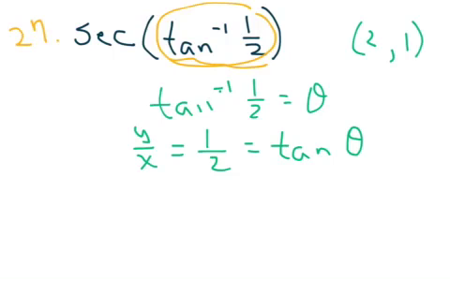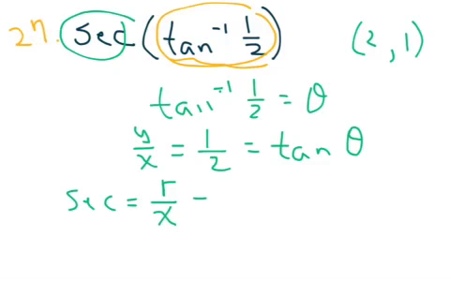I need secant now. So secant, we know, equals r over x. I don't have my r, so I'm going to have to use the Pythagorean theorem to find r. We have 1 squared plus 2 squared equals r squared.